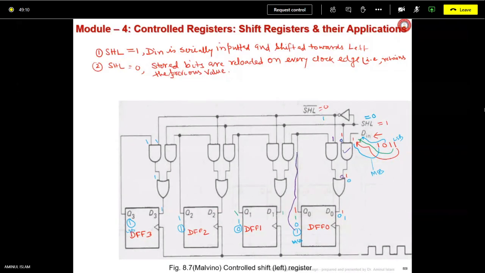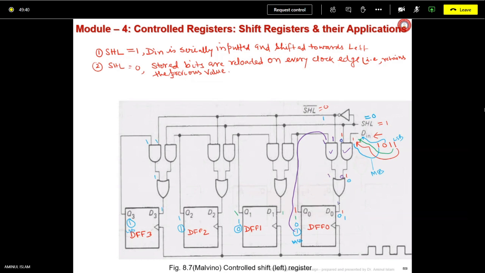We have shifted 4 bits, and I am considering the bit coming here as 1, whatever has been stored. That is 1011. We have shifted, that was the input, and it has been stored here. From that point I am starting. So 1 is applied to this AND gate, and 1 is coming here, 1 is coming here.